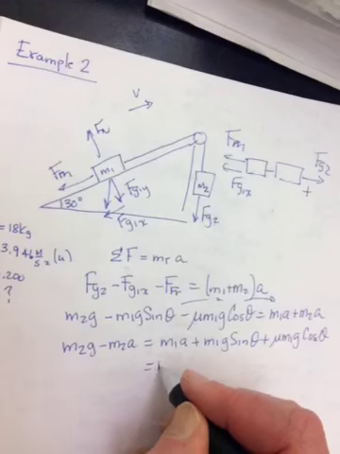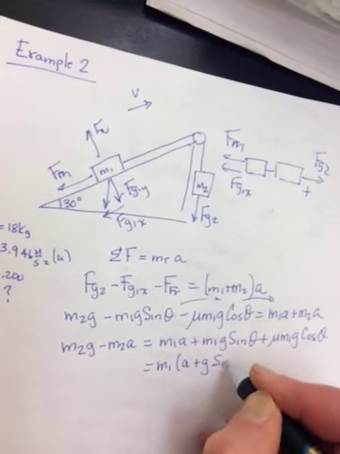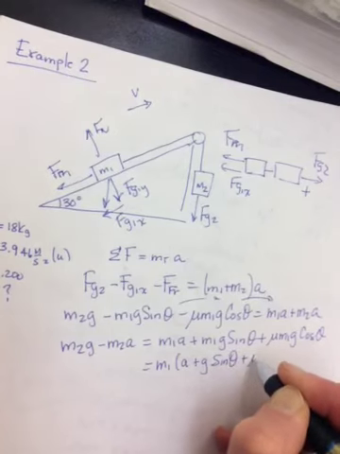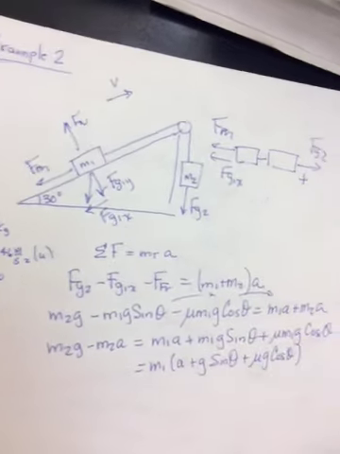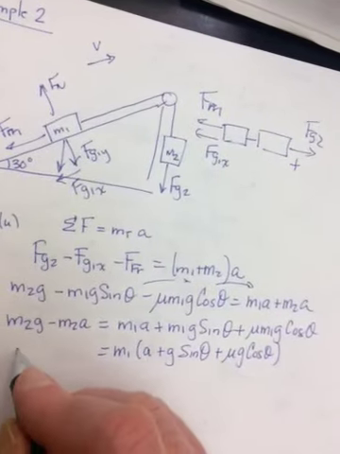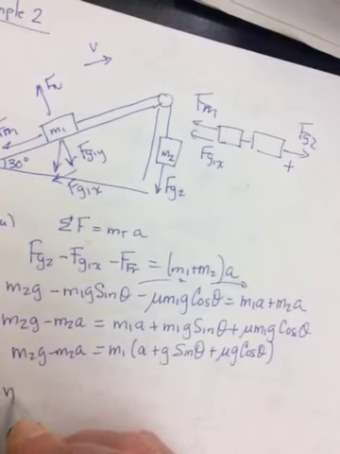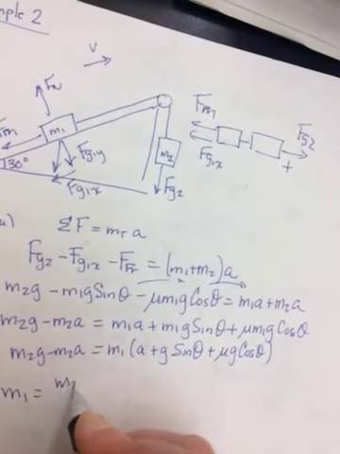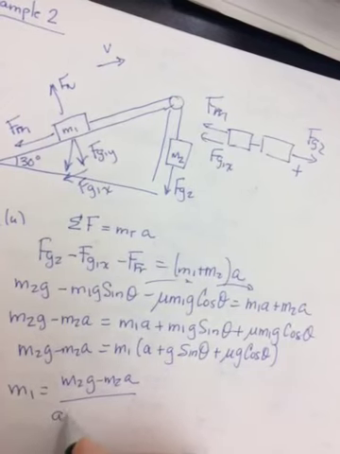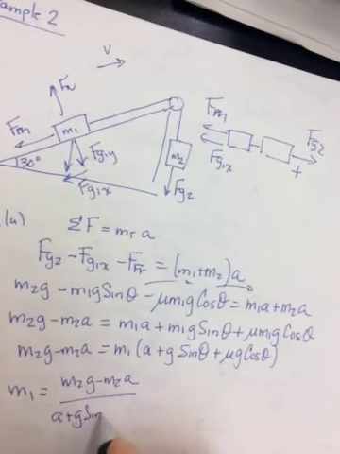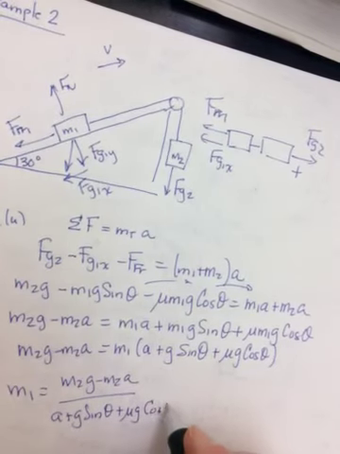Factor out the M1. So you'll have A plus G sine theta plus mu G cos theta in your brackets. And now divide by the bracket. So M1 equals M2G minus M2A over A plus G sine theta plus mu G cos theta.